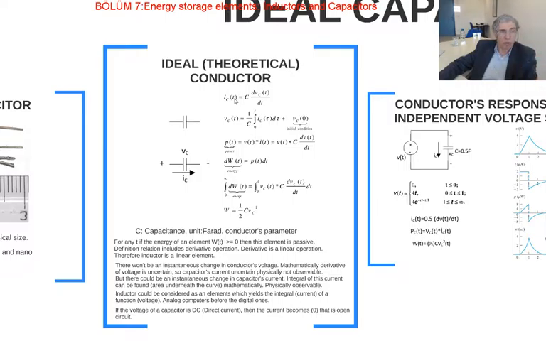That means an open circuit. The capacitor becomes an open circuit if there is a DC source on it. So we examined, by just looking at the definition relation, some of the properties of a capacitor.